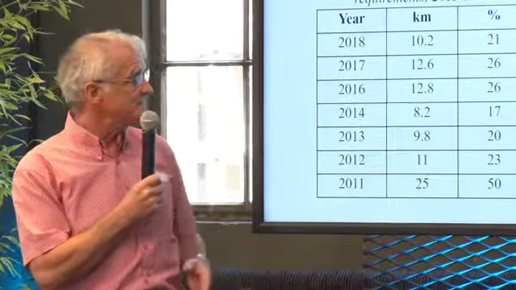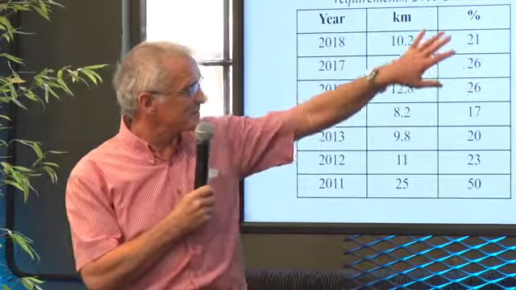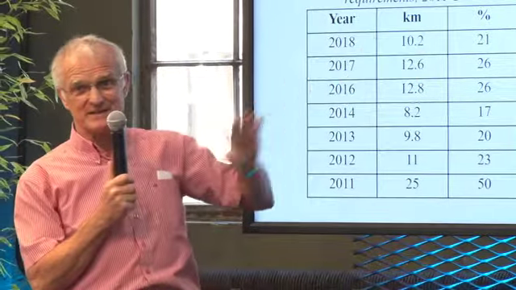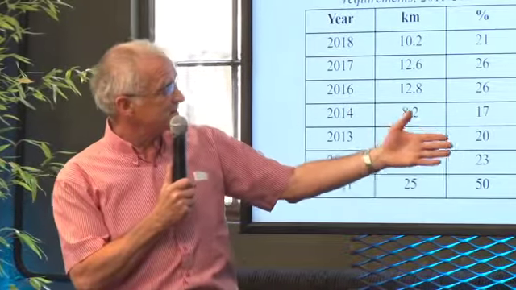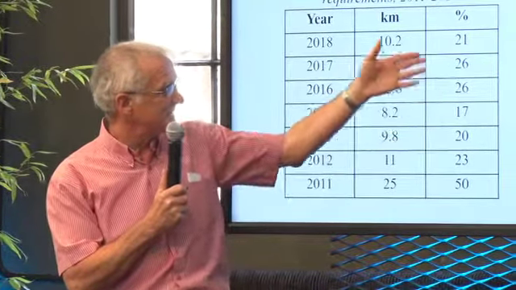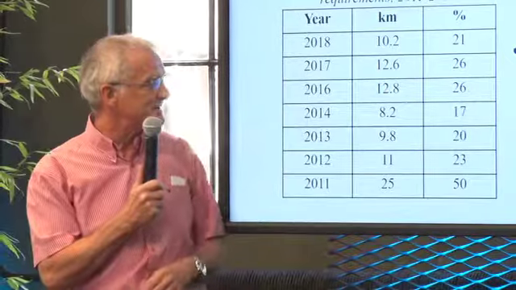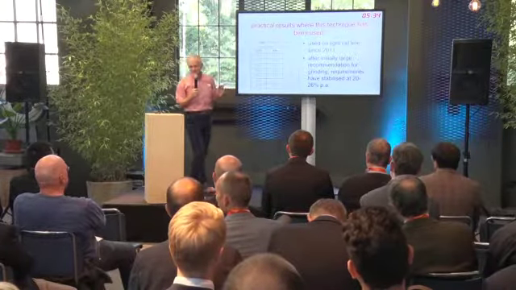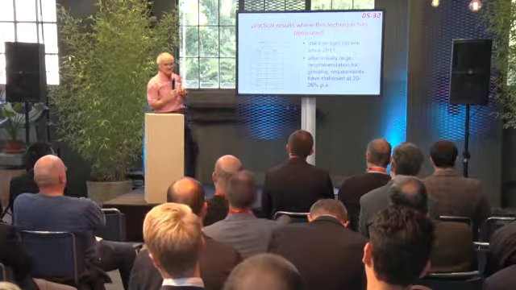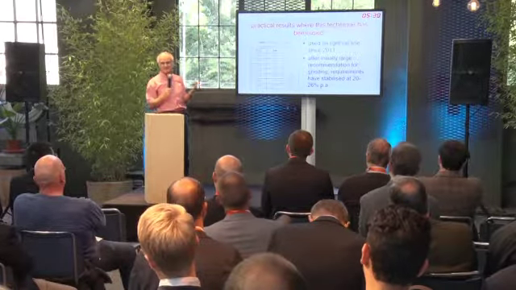But since then, the recommendation has come down using exactly the same technique, exactly the same sort of measurements, and it's consistently now somewhere between about 17 and 26% of the line every year. And one of the interesting things is that you find it's in almost exactly the same place each time.